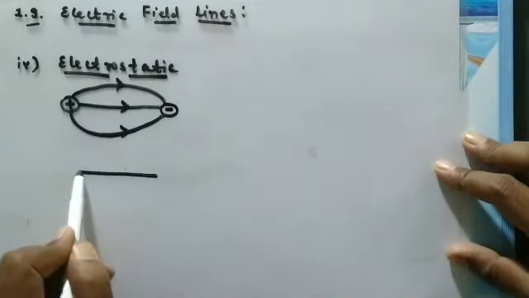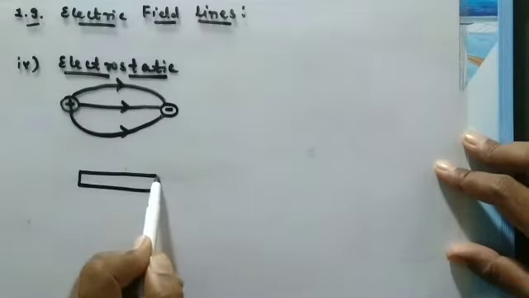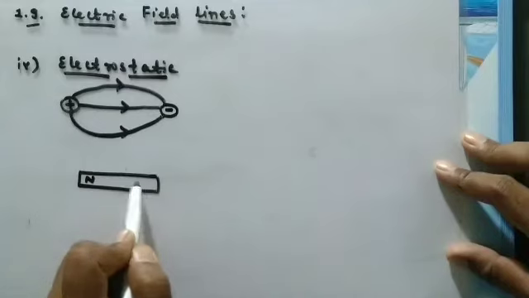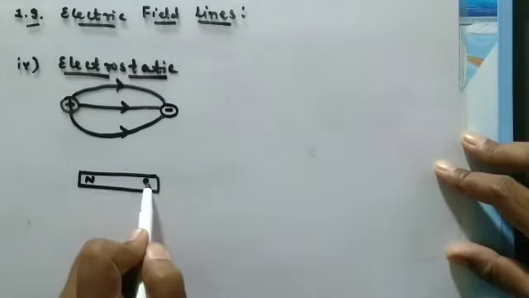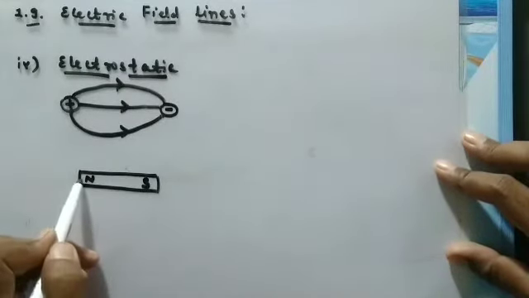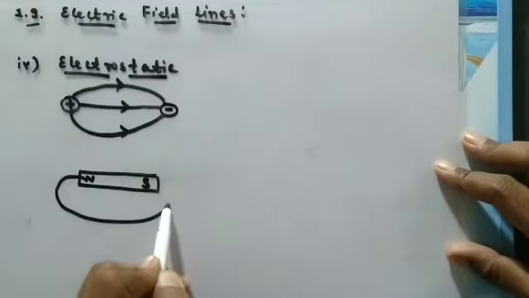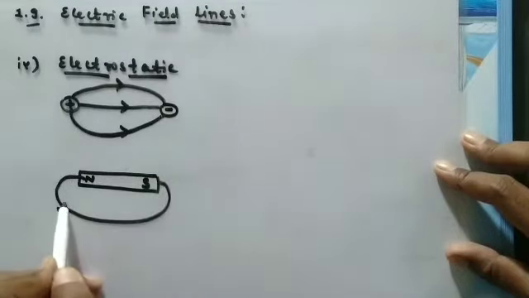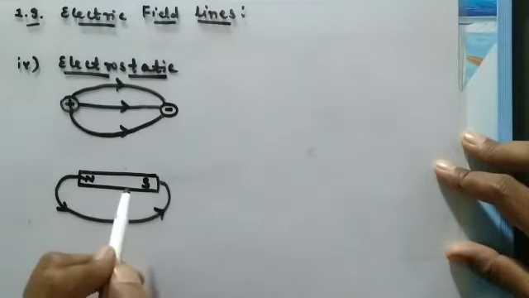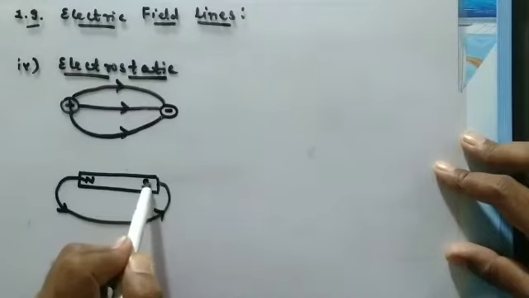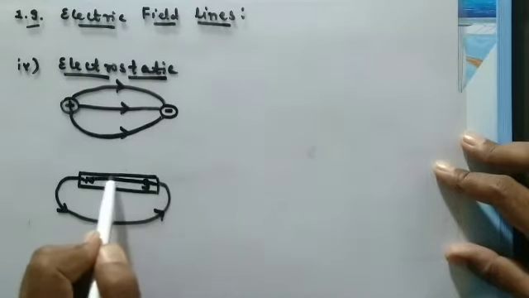But if we consider a magnet and magnetic field lines, suppose this is the north pole, this is the south pole, magnetic field lines emerge from north and end in south. Once again, inside the magnet the field lines go from south to north.